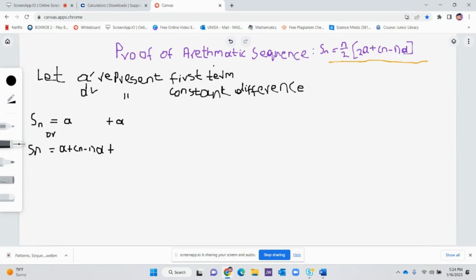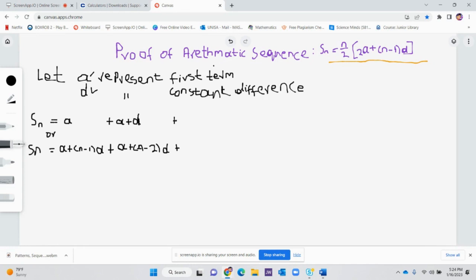We take the first term, which is a. To get to the second term, we know that we have to add the constant difference. So in this case, we're going to have a plus n minus 2, sorry, because it's a second addition, into d, plus.